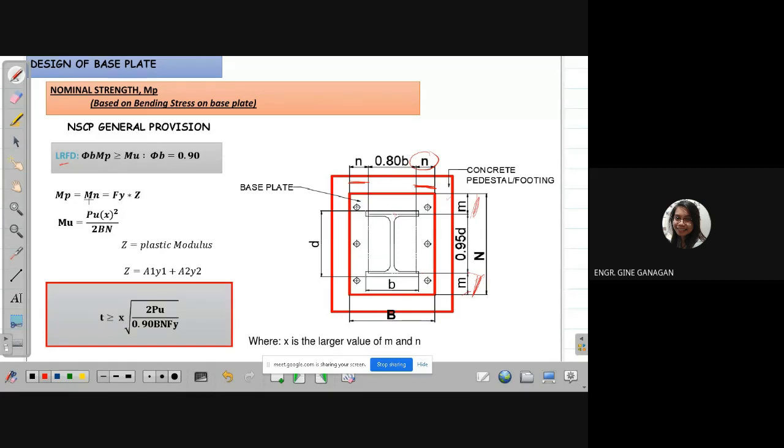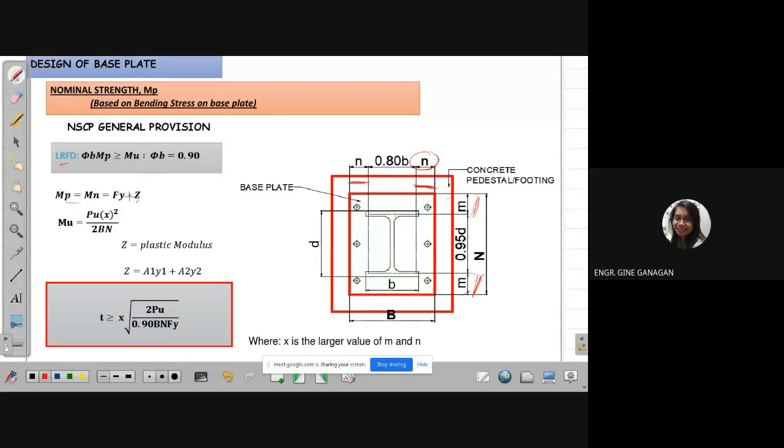So the nominal moment MP, the nominal moment MP and MN is equal to the Fy multiplied by Z. So yung plastic modulus natin. Okay?